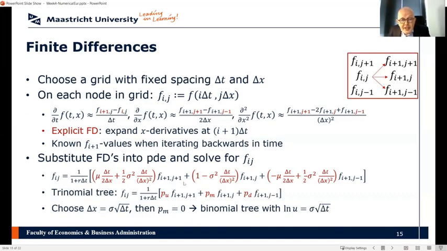The explicit finite difference algorithm that comes out, we can give the interpretation of doing a discounted expectation, because I'm taking PU times the payoff in the up state plus PM times the payoff in the middle state, and P down times the payoff in the down state.